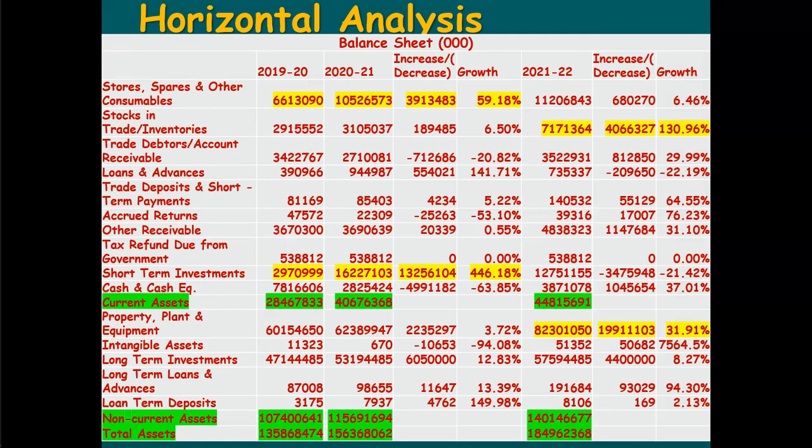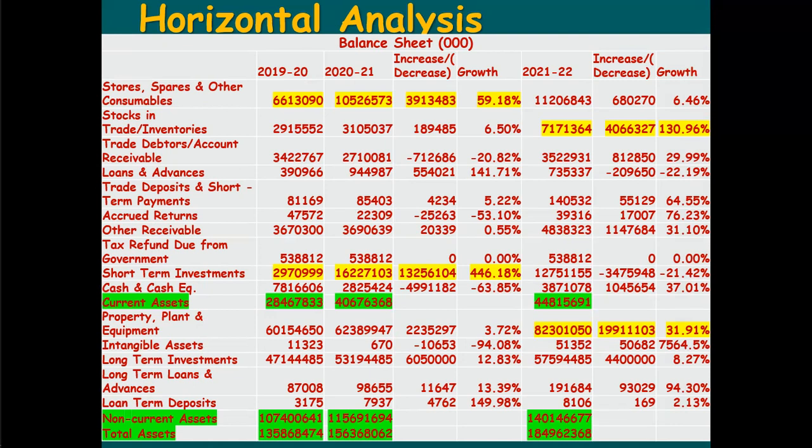Secondly, inventory. In the first 2 years, you can observe a nominal change of 6.5%, whereas for the second and third year, you can observe a significant change of about 130%. In the case of inventory, you also go through which part of inventory has significant growth, either the raw material, work in process, or the finished goods.